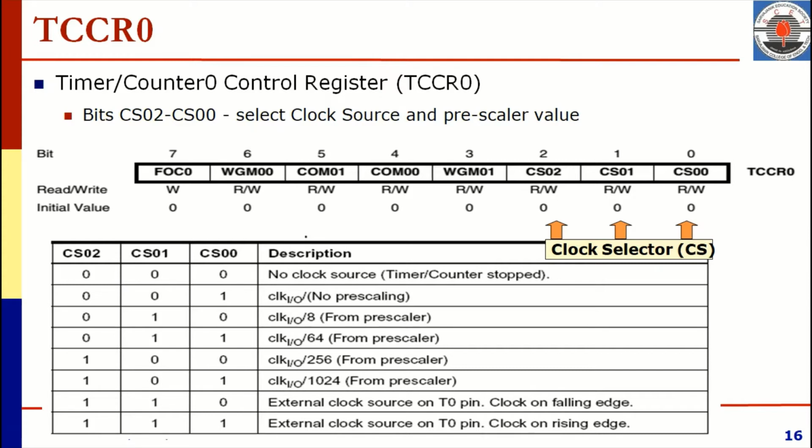If CS0 bits are 110, in that case the clock is selected from the T0 pin and it will be the falling edge of the clock. The same external clock source on pin T0 is selected with rising edge of the clock in case CS0 bits are 111.